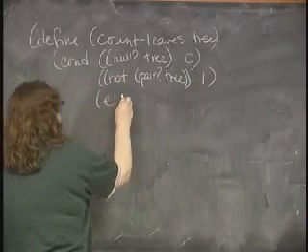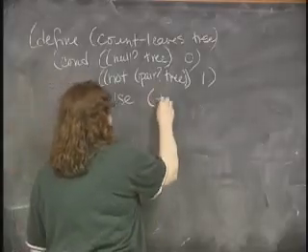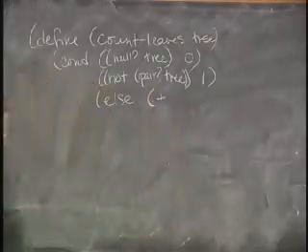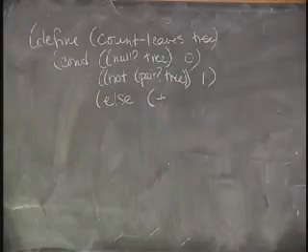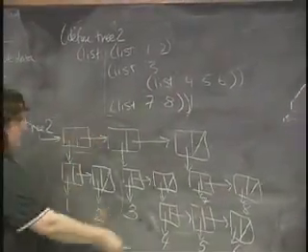Otherwise, we will add the result of counting the leaves of the car of the tree to the result of counting the leaves of the cdr. Unlike our list where we knew each element was a single element, here the car may be a subtree, and so may be the cdr.